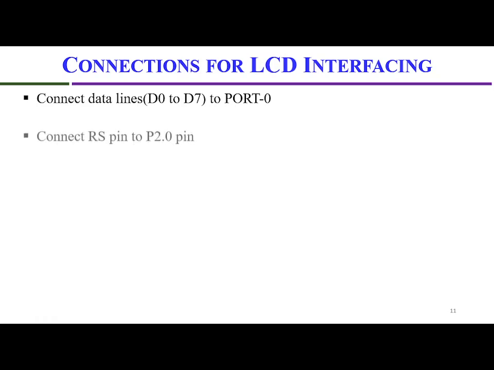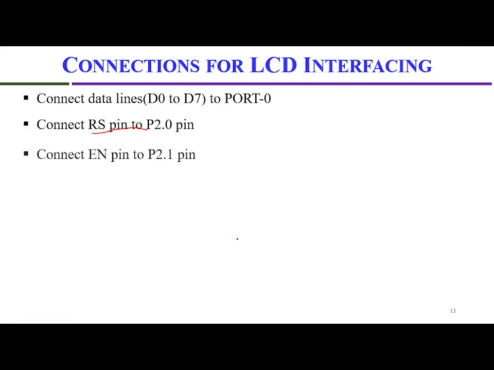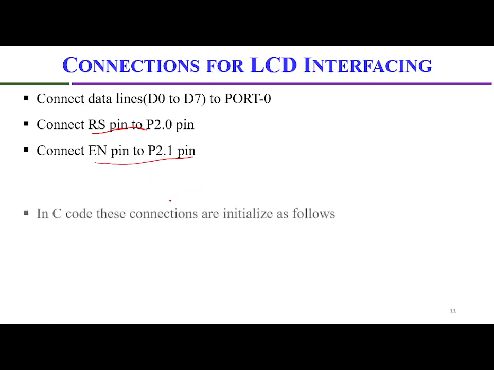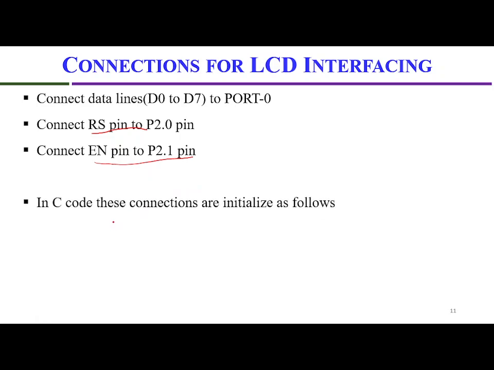Now let's see the connection again. We are using port 0 to carry data or command through the data lines of the LCD. We are connecting the RS pin of the LCD to P2.0, then the EN pin of the LCD to P2.1 of the 8051 microcontroller, and we have to initialize these things in software also.